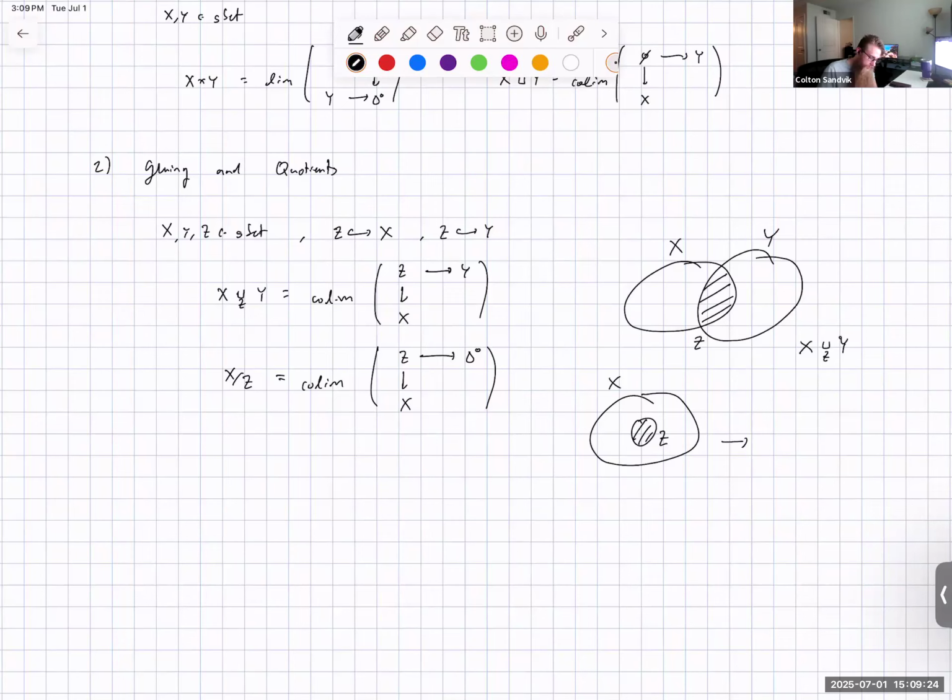I don't know how to draw this other than calling it X mod Z. We saw this last time as well, when we constructed the minimal simplicial circle by a quotient. And again, we can think about this purely categorically.